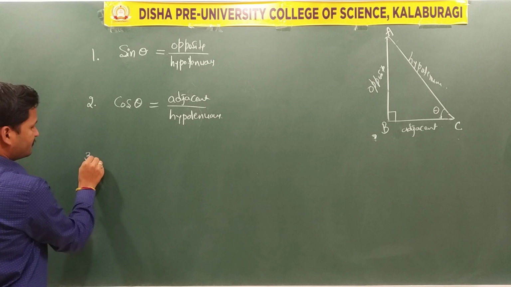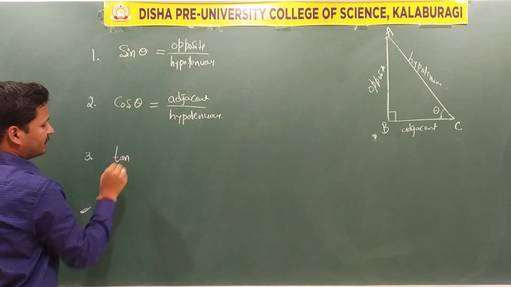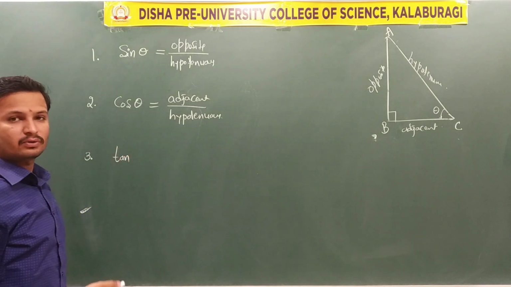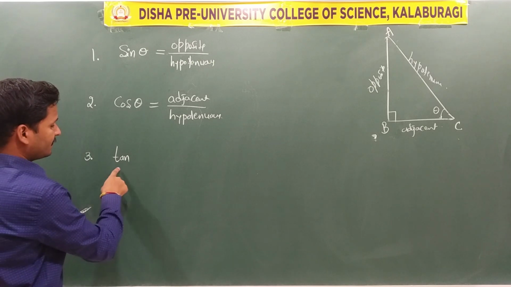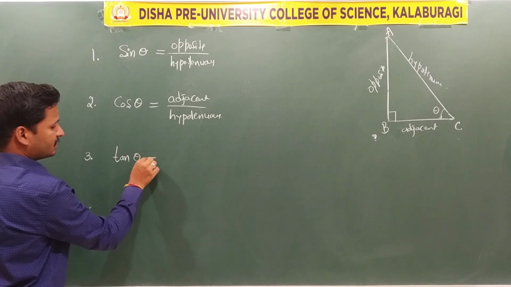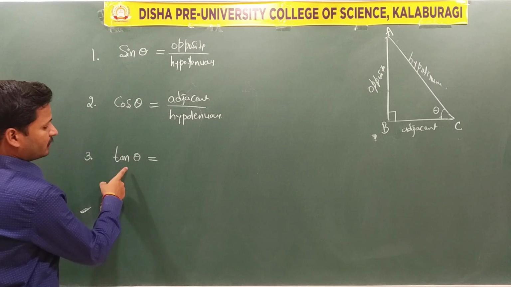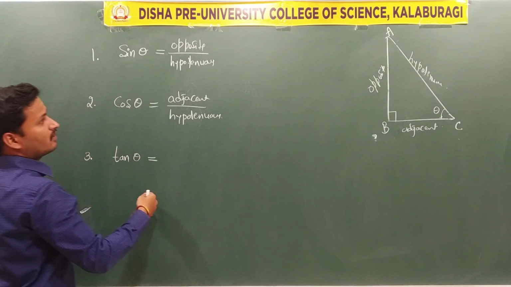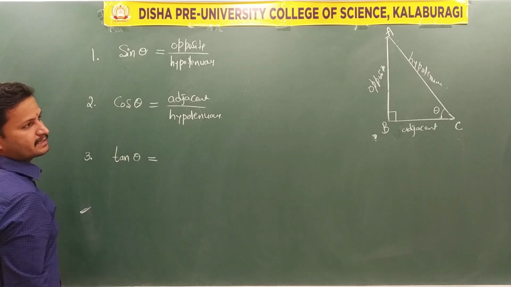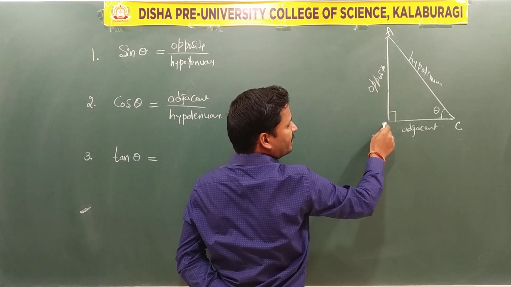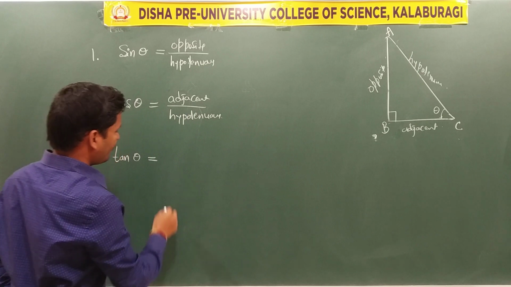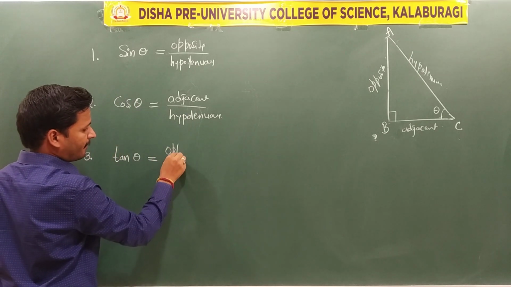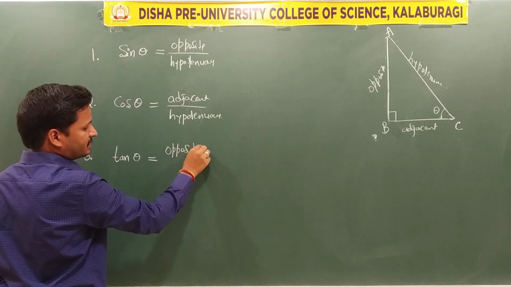And third one is tan function or tangent function. Tan theta is the ratio of opposite to the adjacent. Here opposite is AB, adjacent is BC.